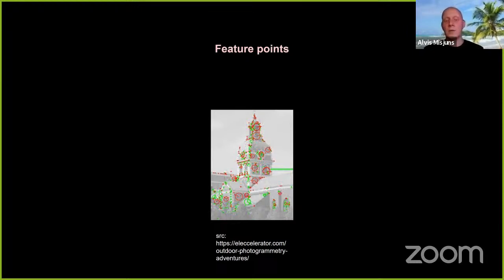The reconstruction software detects features and tries to compare them between photographs, some with a little distortion but similar, and then it attaches them and understands that they are the same. Then it tries to understand the difference between those locations, between the feature points, and using that information you can understand the 3D. It's like the Pythagorean theorem in math that you've done. It just draws triangles a lot.